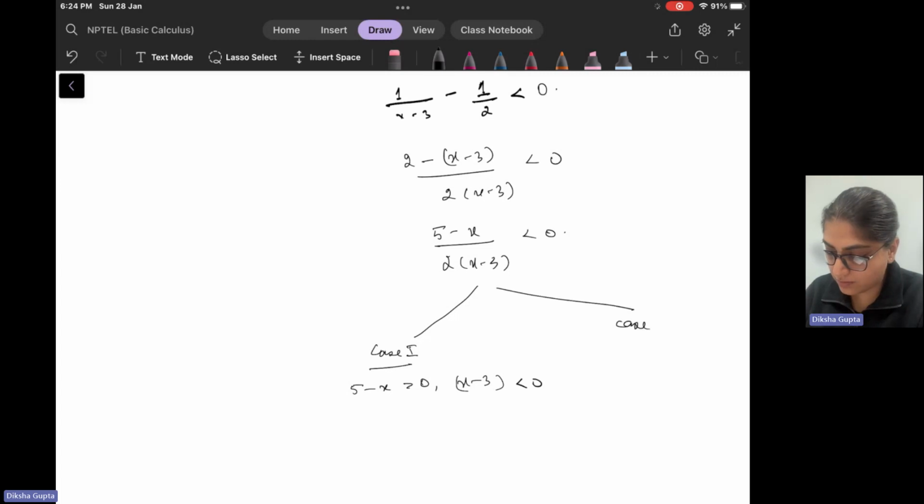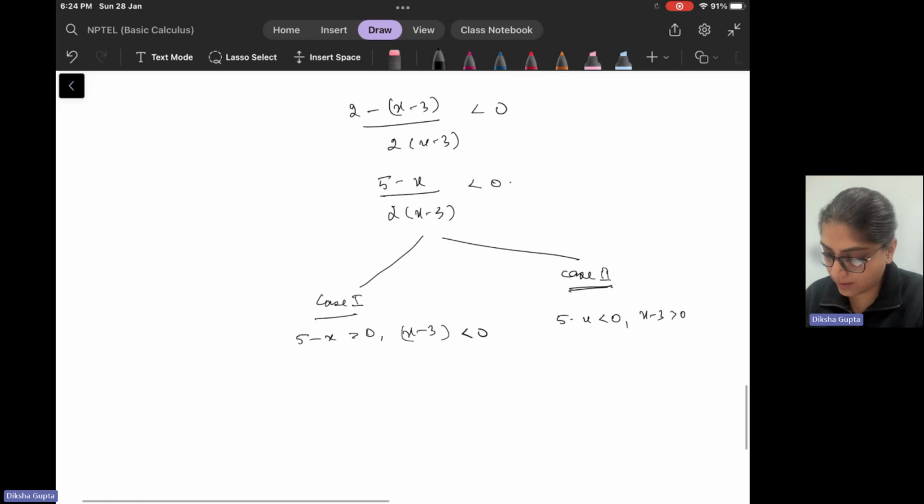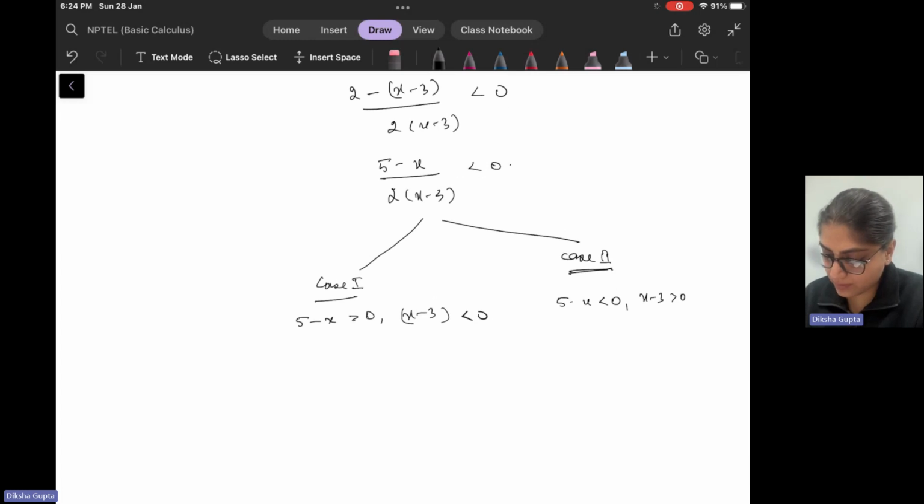Or case 2, 5 minus x is less than 0 and x minus 3 is greater than 0, right? So this becomes 5 less than x and x greater than 3. Sorry, it should be 5 greater than x, right?